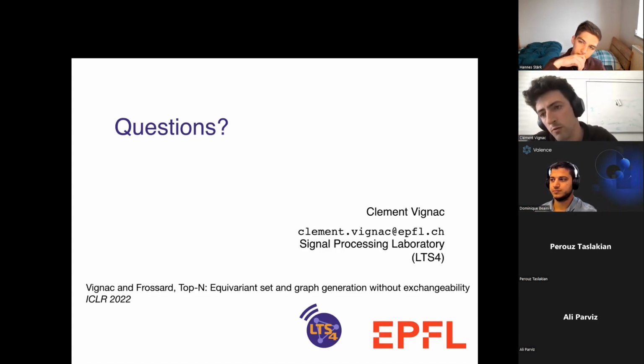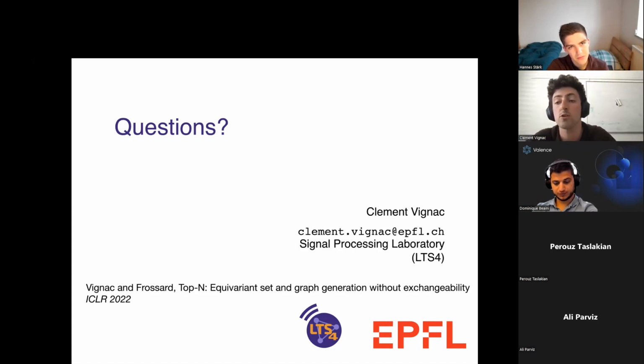So when you want to work on equivariance, you just have sufficient conditions. You cannot have necessary conditions. And here it's the same. You can say that my sufficient conditions don't involve exchangeability, but it's not really a proof that exchangeability is never needed. Okay.